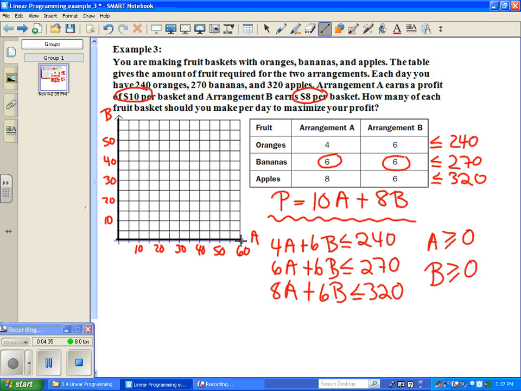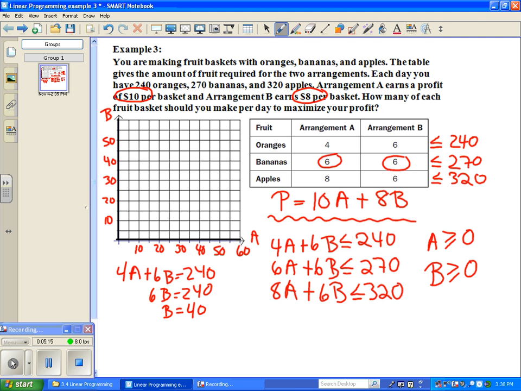So now we have three more equations to plot, and we have different choices here. We can put it in slope-intercept form. We can use the intercepts. So let's do this one with intercepts. Looking at the first equation, 4A plus 6B equals 240. If we put in 0 for A, we have 6B equals 240, so B is equal to 40.